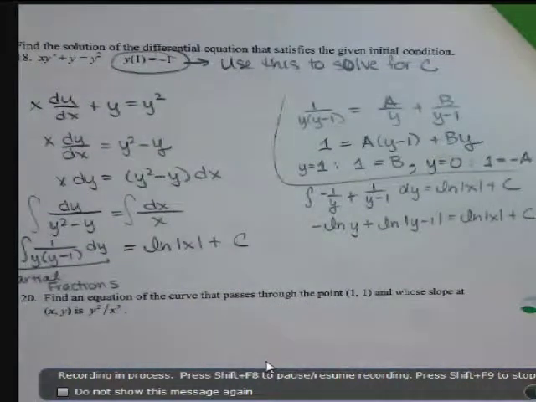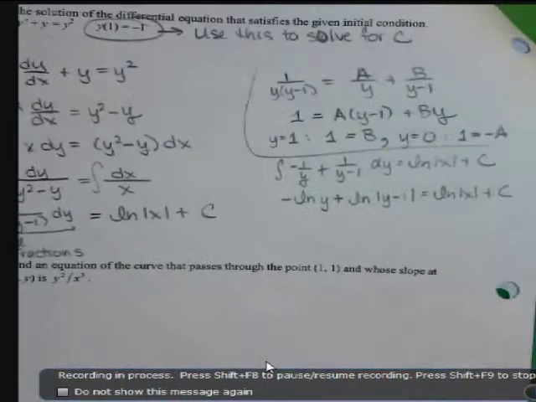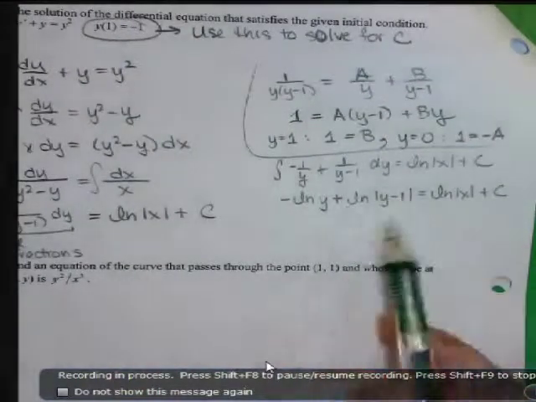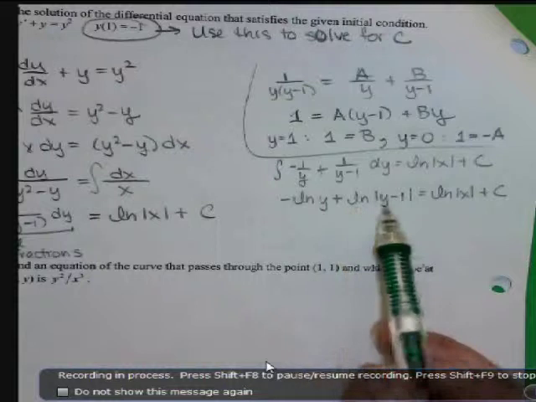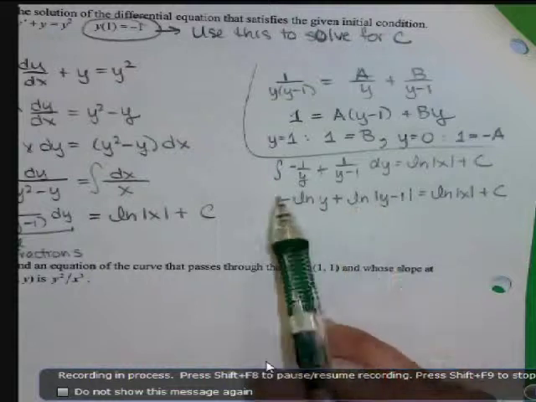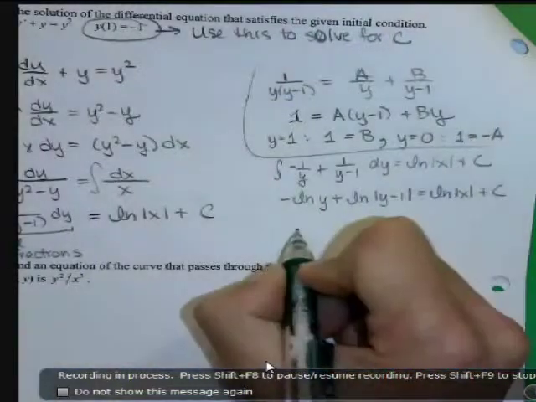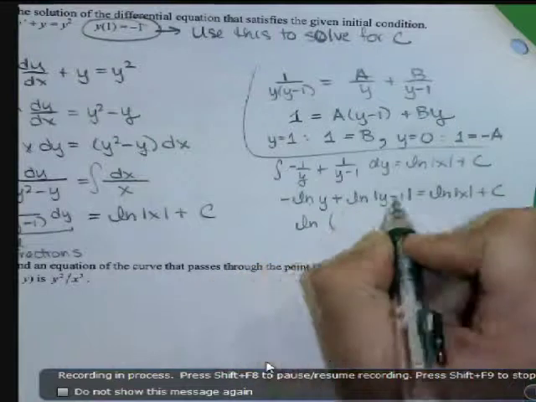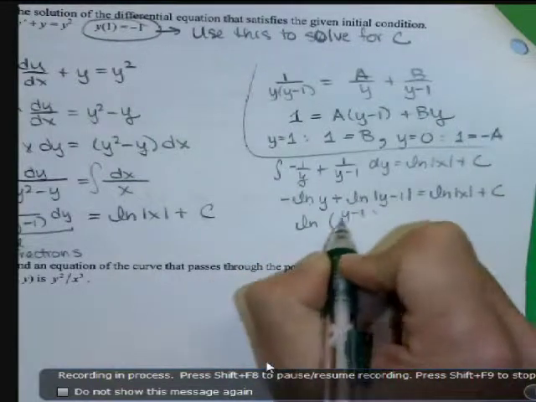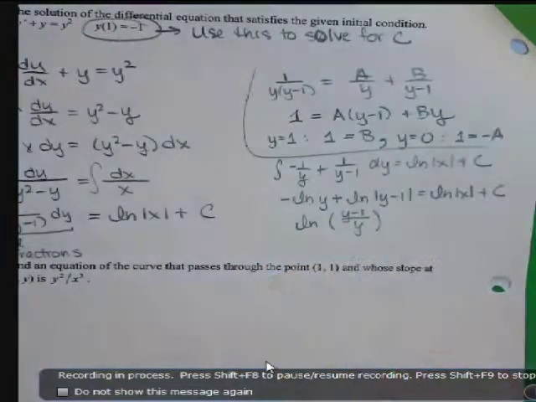And I'm fine if you leave it like this, but WebAssign might ask you to simplify. And so this uses that second property of logs, ln of a minus ln of b. So that would be ln of a over b. Actually, I should put absolute values on those.